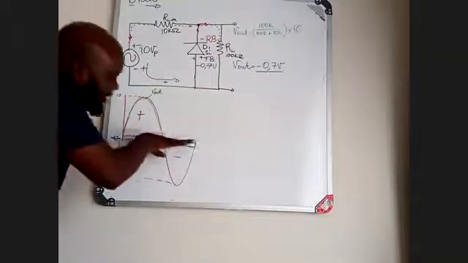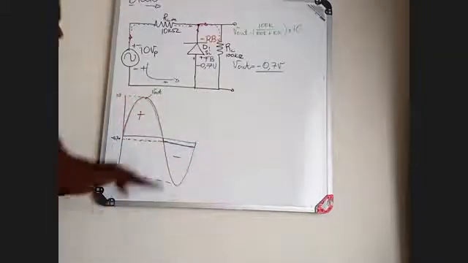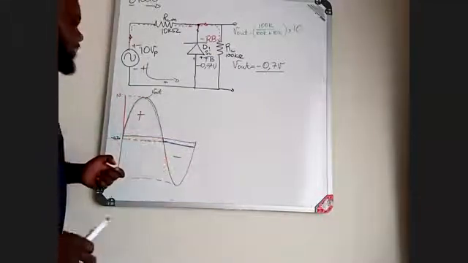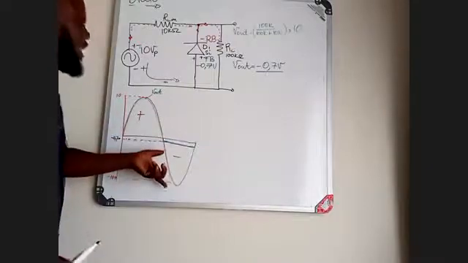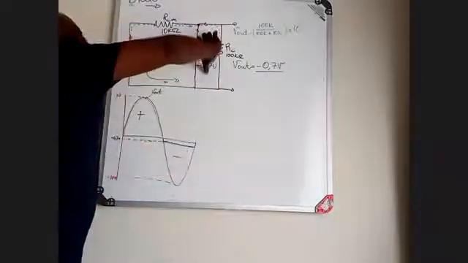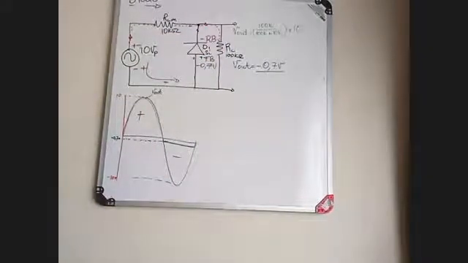But when it clips out the negative cycle, it clips out all the portion that we didn't need in terms of what is on the output there.